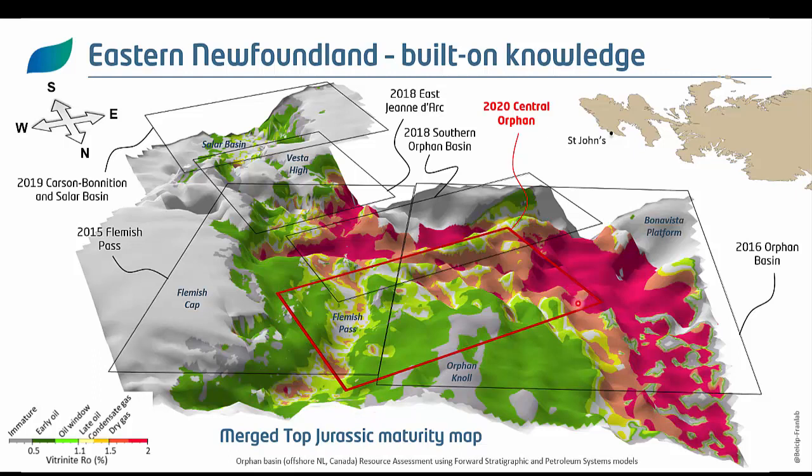This year's resource assessment, which is the red square here, sits in between previous studies and shares a lot of aspects with them. Consequently, it benefits from that year-to-year understanding in terms of basin geodynamics, stratigraphic architecture, as well as the thermal and maturity history. And you've got here a nice example of the mapping of maturity at top Jurassic compiled from the successive petroleum system models for 5 years.